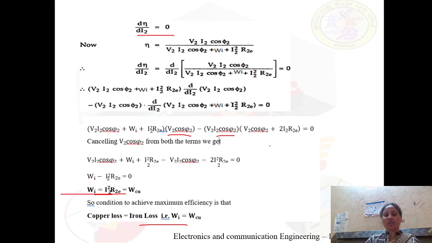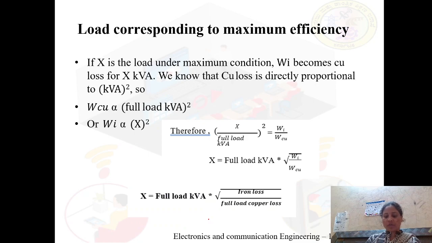Anyway, we are going to equate it to 0, so I am not writing the denominator V square here. On simplifying, we will get iron loss equal to copper loss, that is, Wi is equal to WCU.